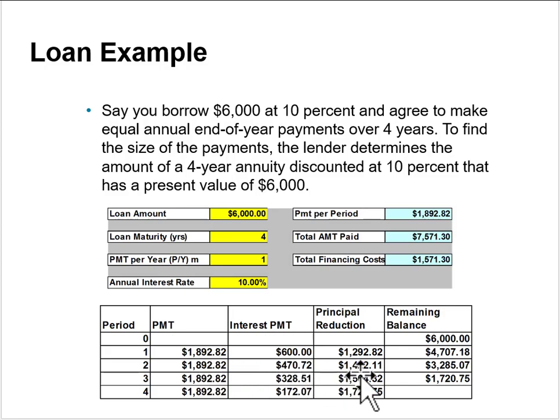Subtract that from $1,892 means the principal repayment, the second period, is more, $1,422, etc. And you see at the end of 4 years, this loan is completely paid off.